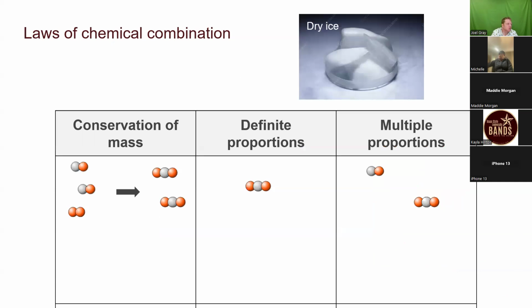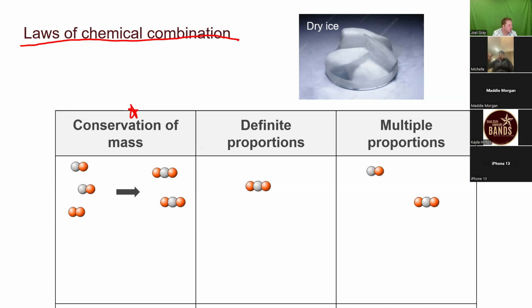Okay, so then what we have in addition to that is we have laws of chemical combination. We have our conservation of mass, where this is demonstrating we've got two copies of one substance.